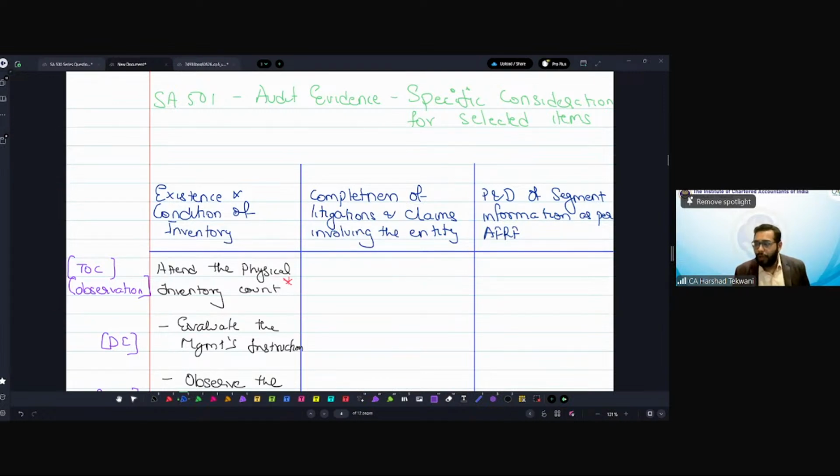For a company today, all the litigations with respect to income tax are available on the income tax portal. You can perform some additional procedures to review those portals, for example the income tax portal and the GST portal. If you have similar portals for other legal or regulatory authorities, you can perform that also.